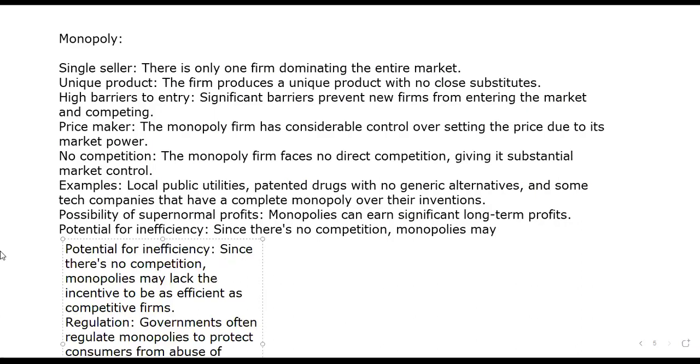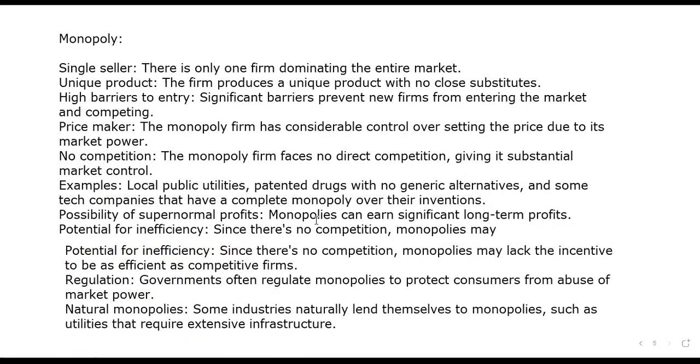So the regulation, governments here regulate monopolies to protect the consumers from abuse of market power. The natural monopolies, like industries, tend to lend themselves to monopolies such as utilities that require expensive infrastructure. So this is a characteristic for a monopoly.